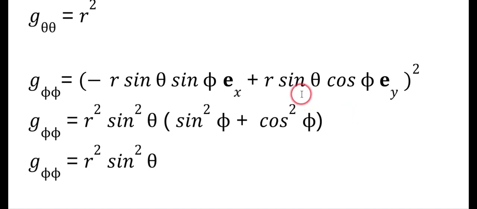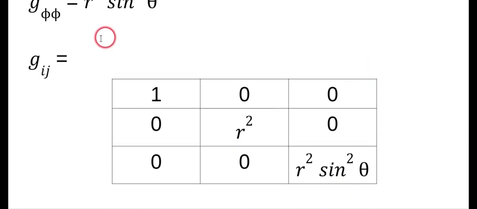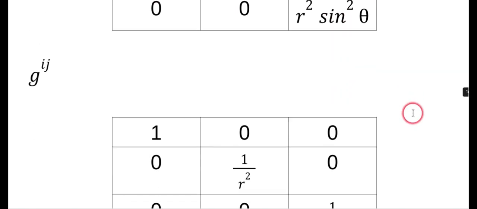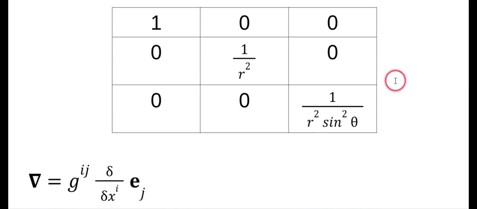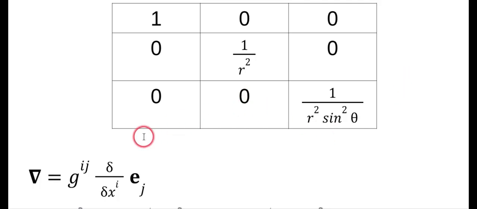Okay? Now, what we just did was the covariant metric tensor. We need the contravariant metric tensor, or the inverse metric tensor, which is easy to do because all of these off-diagonals are 0, so we don't have to do anything sexy. We just put all this under 1, and we get the inverse metric tensor, right? It's that easy. Now we can use our equation, which was this. I just took out the f because we're just making an operator, okay?